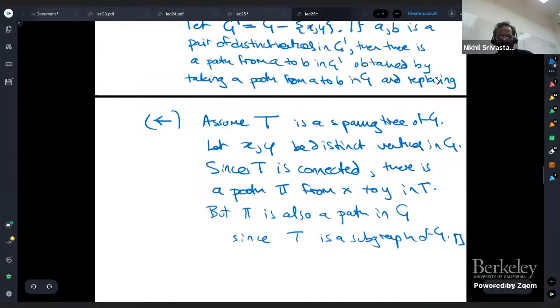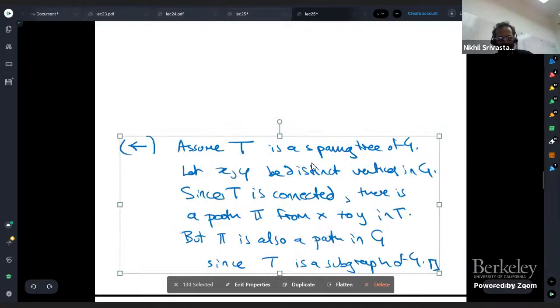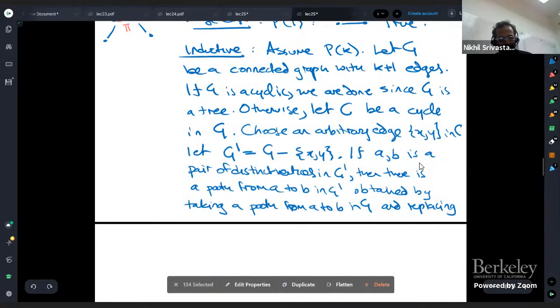Let me move this down so I have more space to write. Or let me be more precise: for every pair of distinct vertices A and B, because I want to make the quantifier extremely clear.